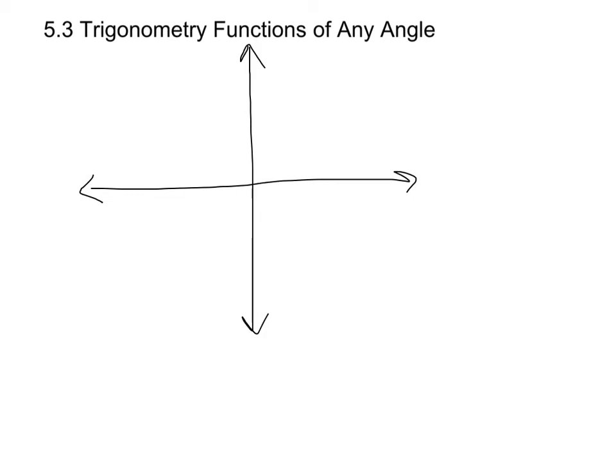And we'll start with quadrant 1. That means the angle would be between 0 and 90 degrees. And this would be theta. And we know this is our x. We put 0 degrees. And this is our y-axis. So this is x.